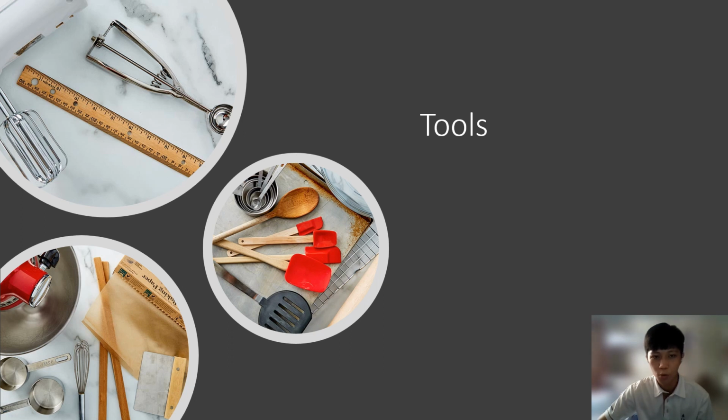Most of the tools we will gather and borrow from people, but for the consumables we will buy them ourselves, because the consumables can be considered as the cost of making the cookies. And that's all from me.